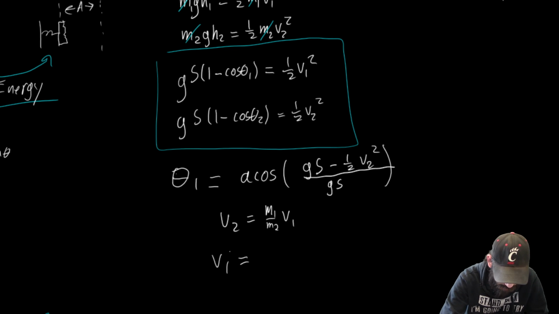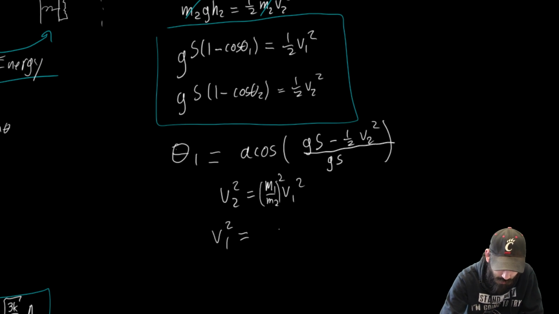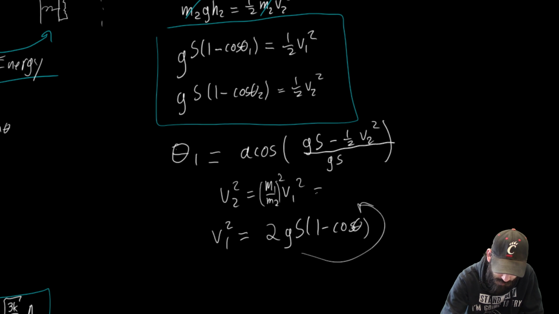So let's do it like this. This is going to make the algebra a little bit easier. I'm just going to square everything and keep some square terms in here. V1 squared is equal to 2GS times 1 minus cos theta. Take this, plug it in there. This says that this is going to be M1 over M2 squared times 2GS times 1 minus cos theta.